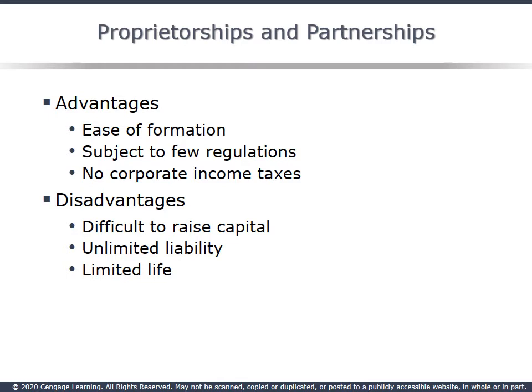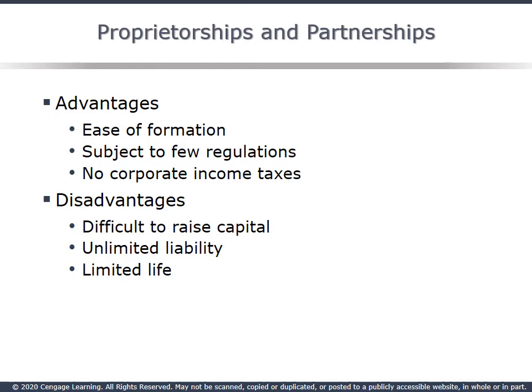There are certain advantages and disadvantages associated with this form of business organization. One of the advantages is that it is very easy to form a sole proprietorship. It is also very cheap to do so.